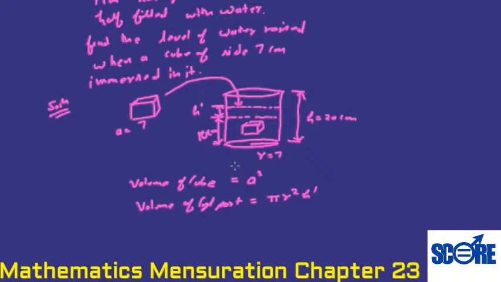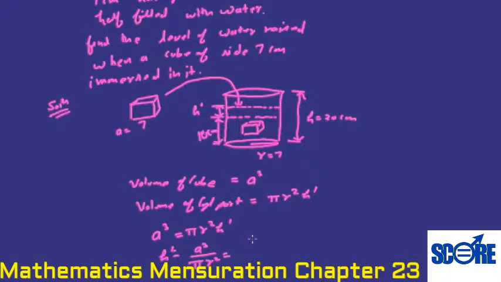So these two are equal. Equating, a cube is equal to pi r square h dash. Now we have to find h dash, so h dash is equal to a cube divided by pi r square.